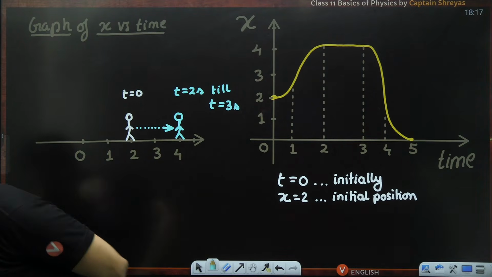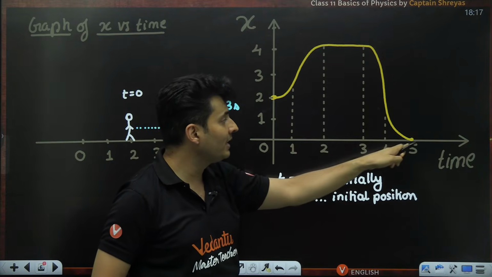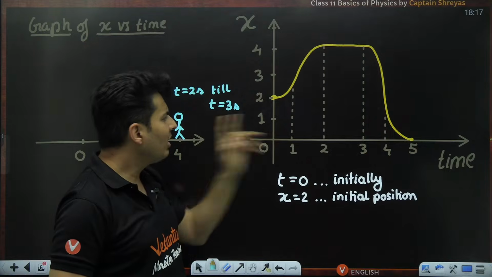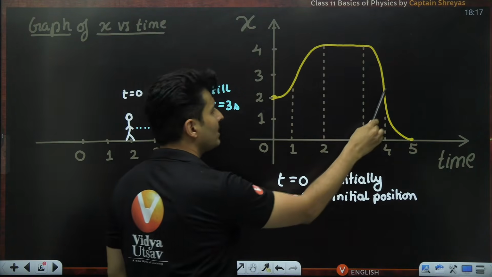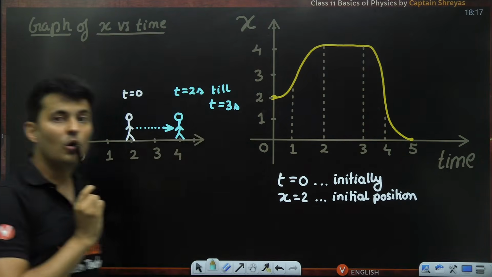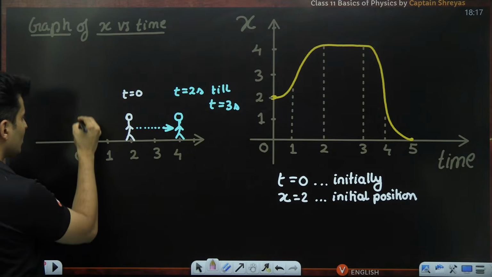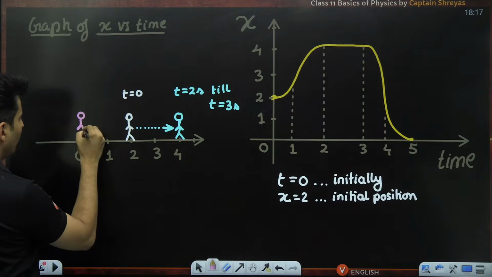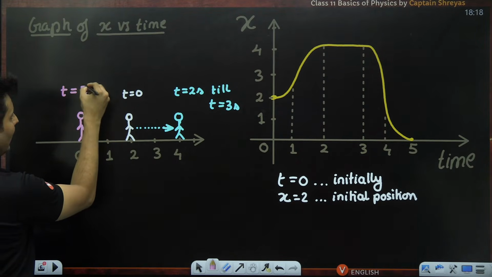Next thing. After 3 seconds, the person is moving till 5 seconds. But where is that person going? At 3 seconds, he was at 4. At 4 seconds, he was somewhere here. At 5 seconds, he was at origin. Oh my God, at 5 seconds, the person was back at origin. So that means that person would be over here at t is equal to 5 seconds.